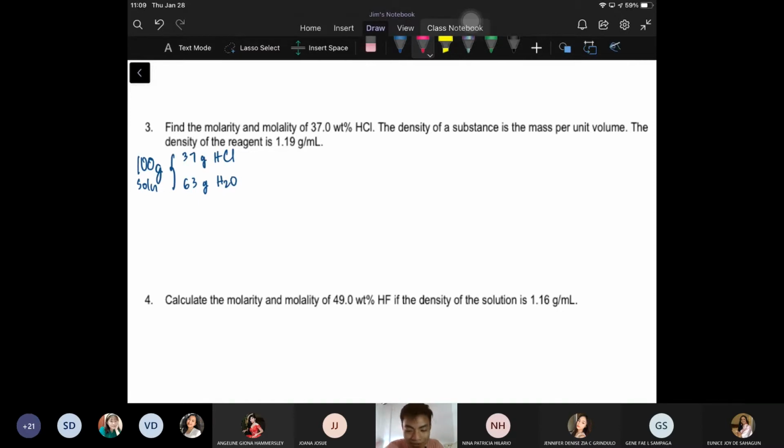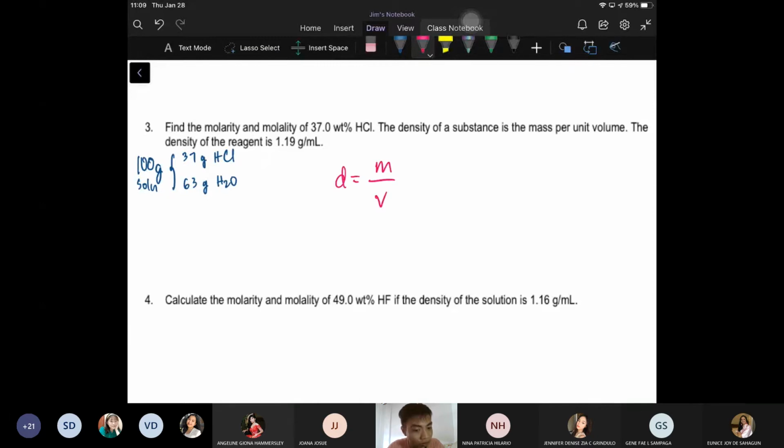Okay? So, we are going to use the density of the reagent. When you say reagent, yung solution yun. We're going to use that to convert the mass into volume of the solution. Okay? So, ano gagawin natin? Density formula, mass over volume.